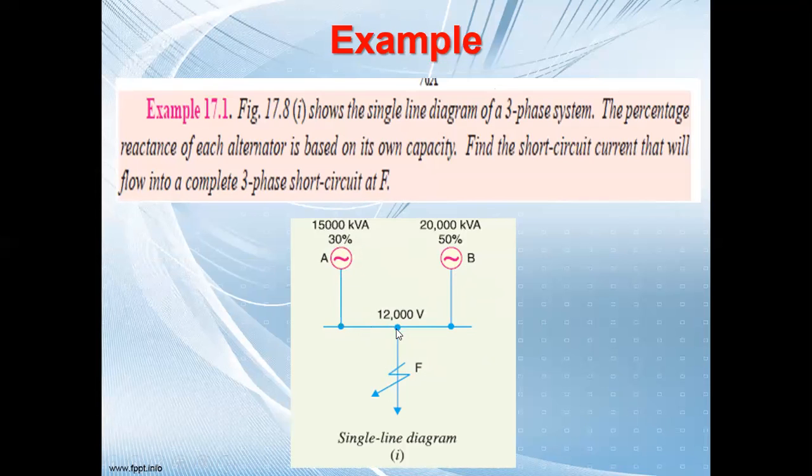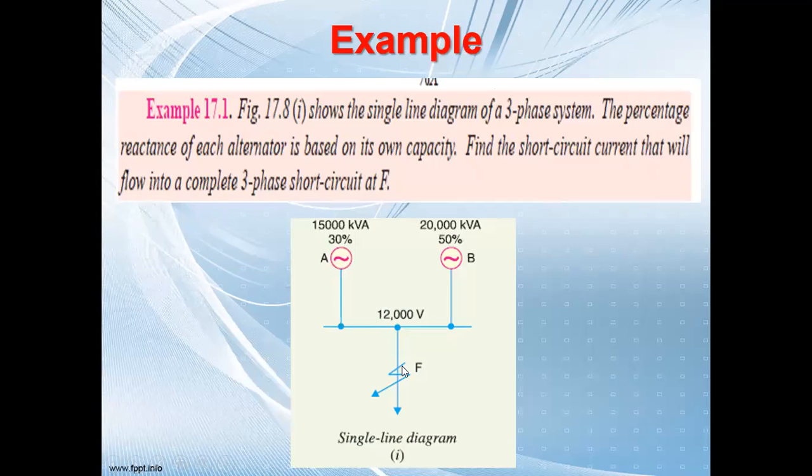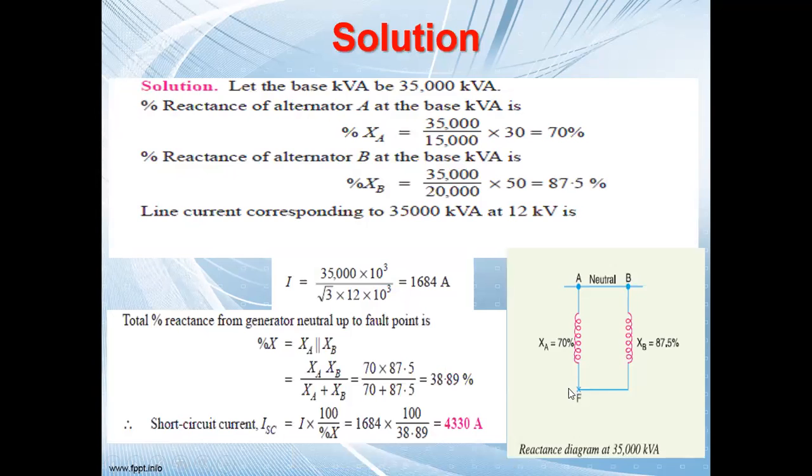Now finally, there is a fault at this point. This is one reactance and this is another reactance. Forget about the neutral. This is common bus bar. From the bus bar there is one reactance, there is another reactance. But these two reactances are shorted at some point here. So that's why these points are basically F, a common point.